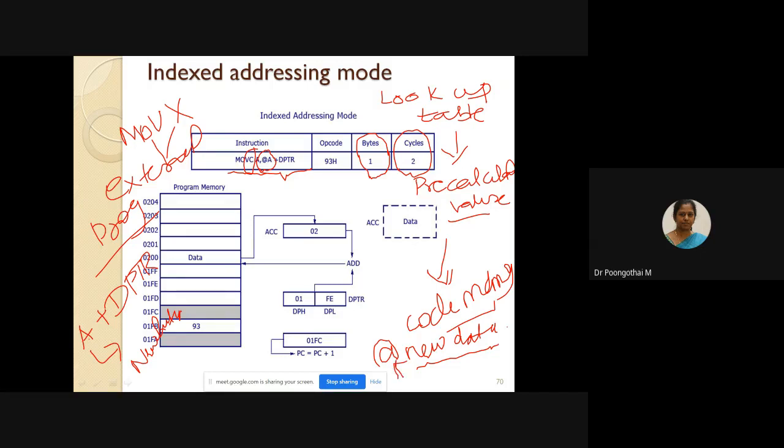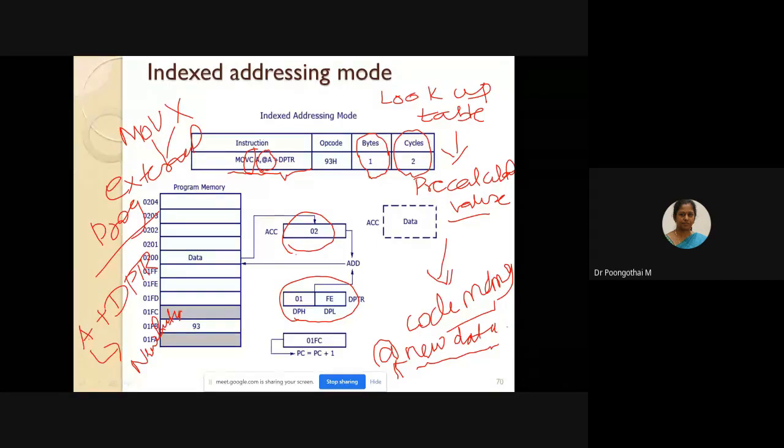So look at this example. What is the accumulator content before execution? 02. And the DPTR content is 01FE. So before execution, your accumulator holds 02 and DPTR holds 01FE. During execution, both values are added and generate a new address.